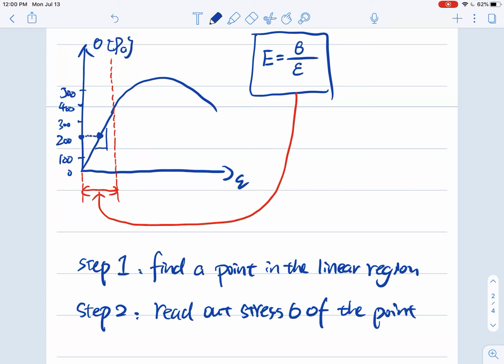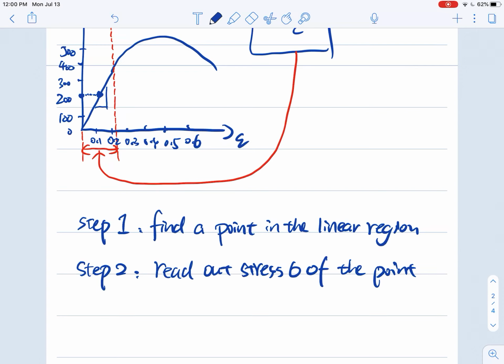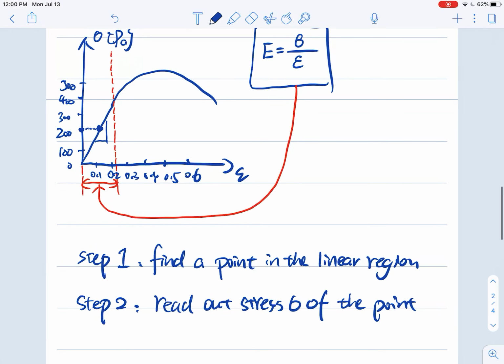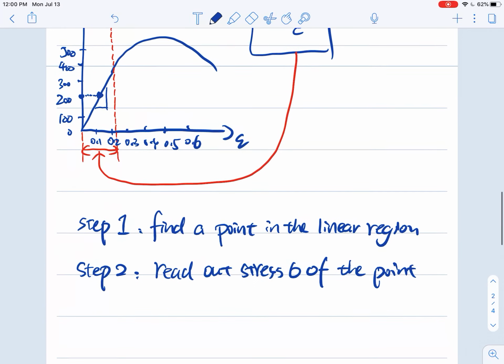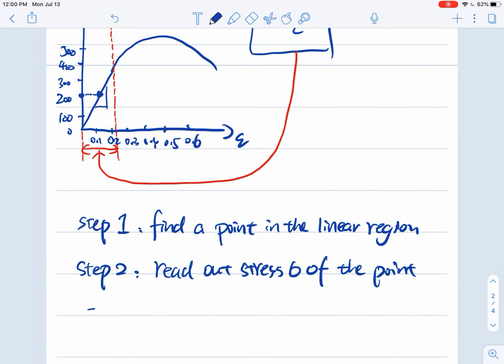Let's say the unit is Pascal. At the bottom here we have 0.1, 0.2, 0.3, 0.4, 0.5, 0.6. So in this case, the corresponding stress of that selected point is 200 Pascal.